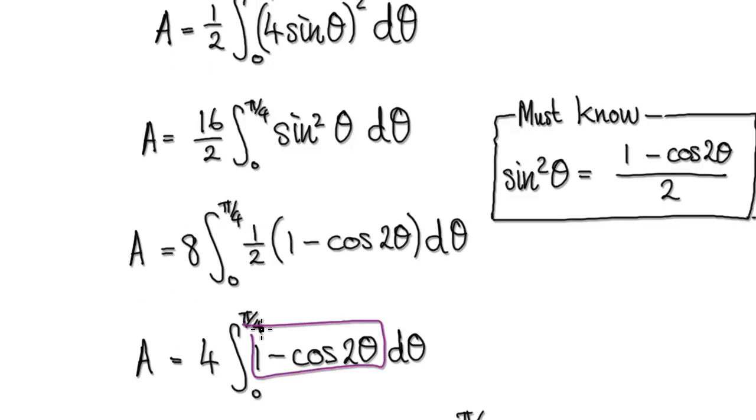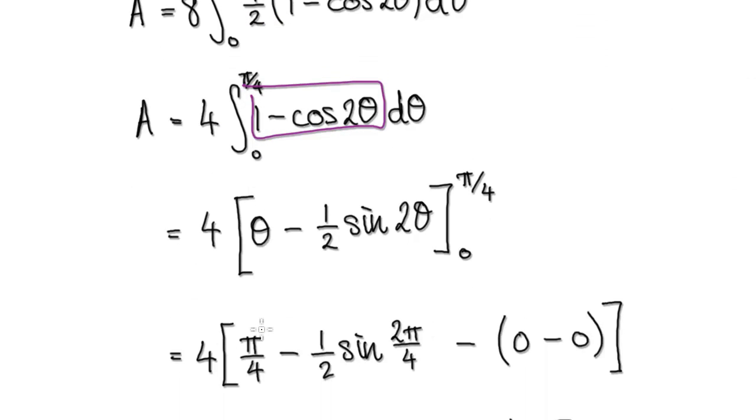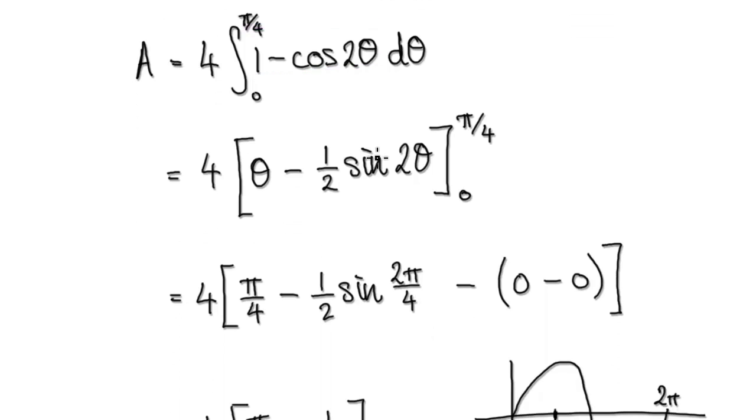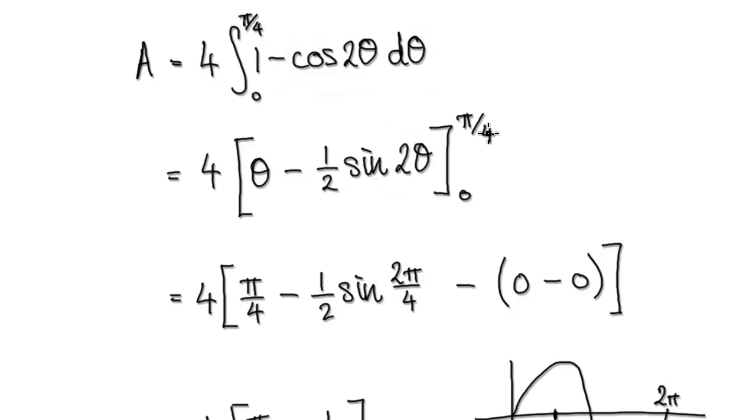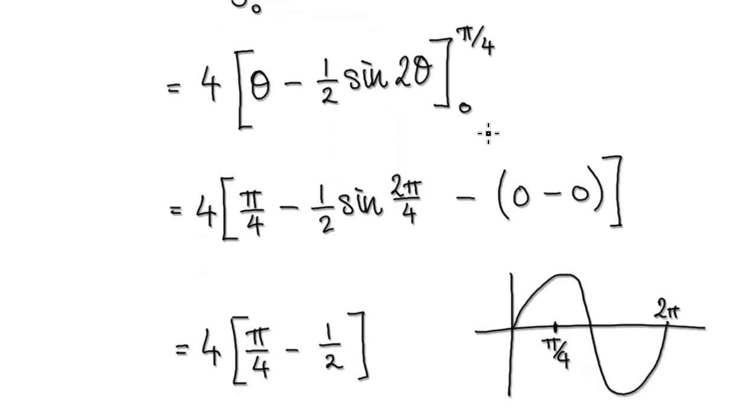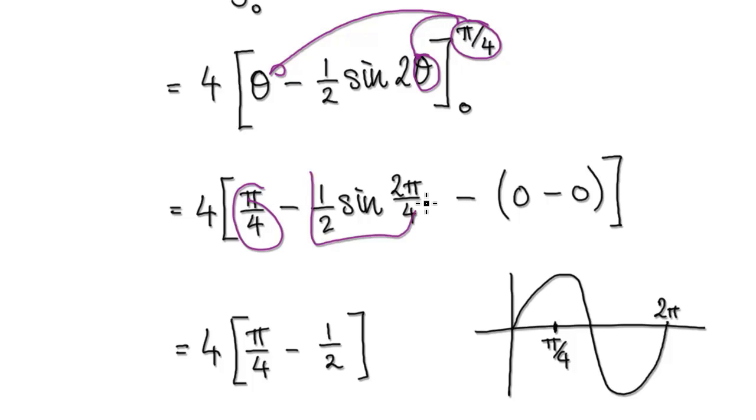And then this is slightly easier to integrate now. So integrate 1 with respect to theta, that will then be theta. Integrate this will then give you this whole thing here. And then now we need to put pi over 4 into here. That will then give us this thing here.